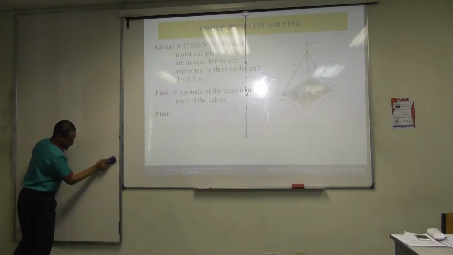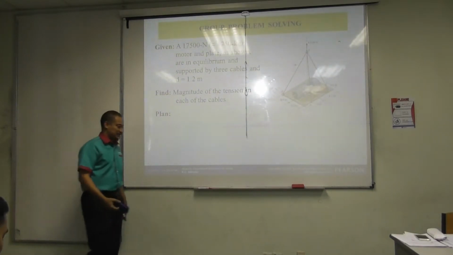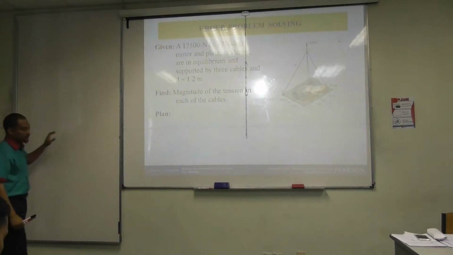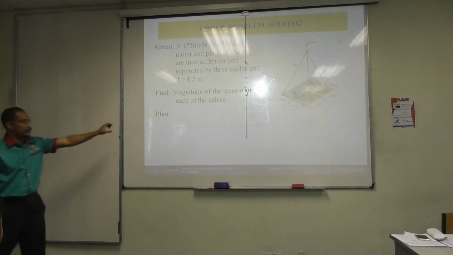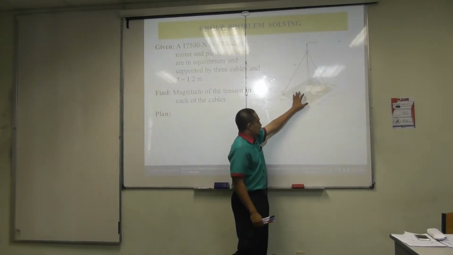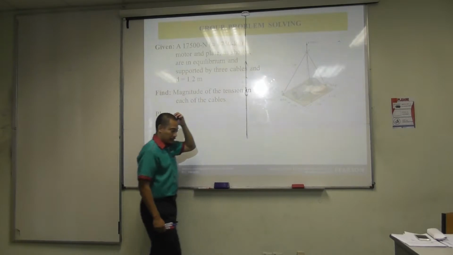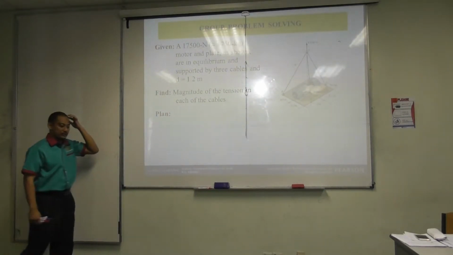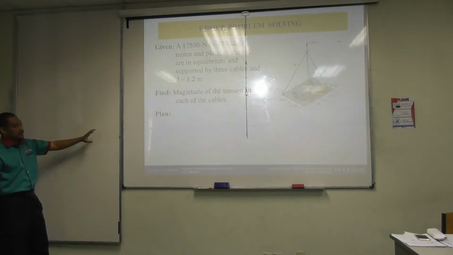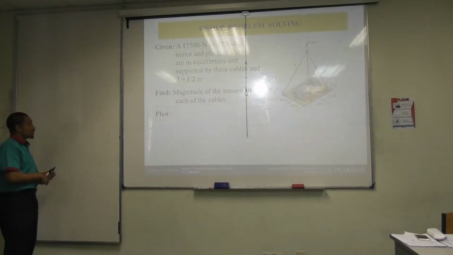So in this chapter we are dealing with the free body diagram of a particle. So we consider point A. But later we will learn also how to draw a free body diagram of an object like this. So it's important to know what free body diagram you need to draw for this kind of question, because it will be different. In this case, we just focus on point A.